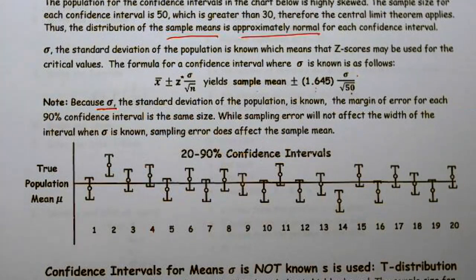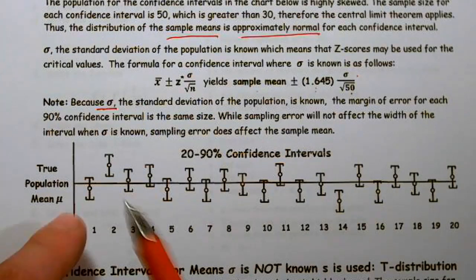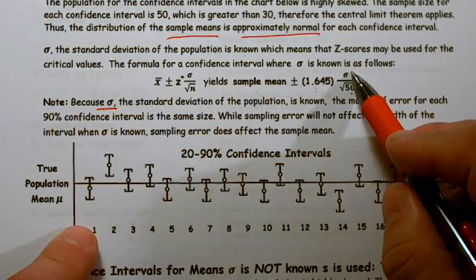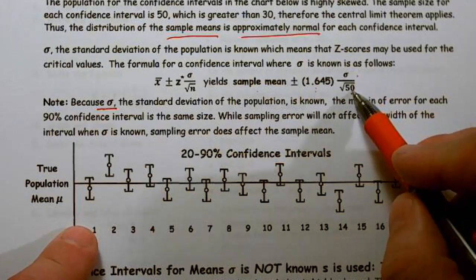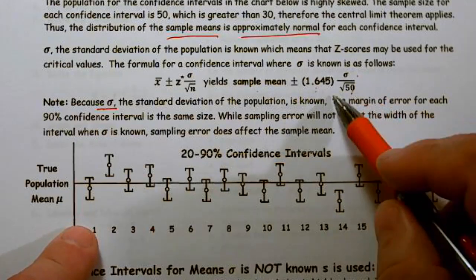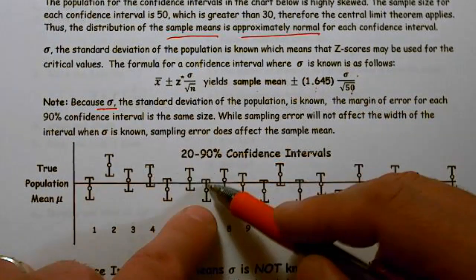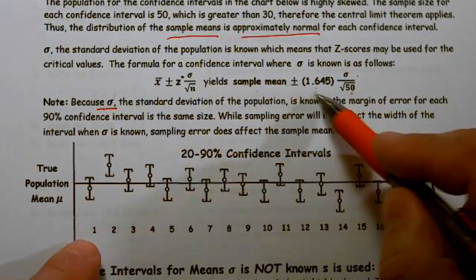If I know the standard deviation between the grades is 3.2, then I know that's going to be 3.2. As a result, this value is constant, this value is constant, and this value is constant. And so the intervals all have exactly the same width because these values are constant.